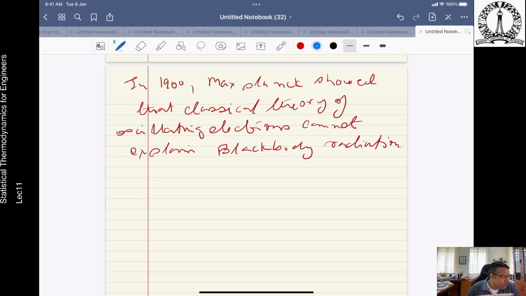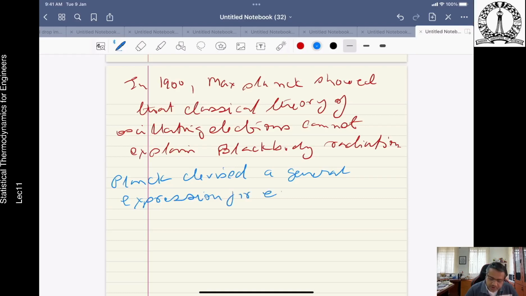So Planck devised, or developed, a general expression for emissive power that conformed to the experimental data at both wavelength limits.